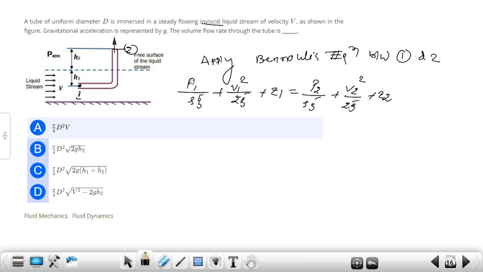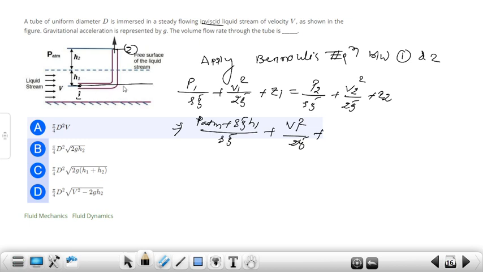So P1, we know P1 is P atmosphere plus rho g H1. This is P atmosphere plus this is the depth H1, so this is rho g H1 divided by rho g, and this is V1 square divided by 2g.